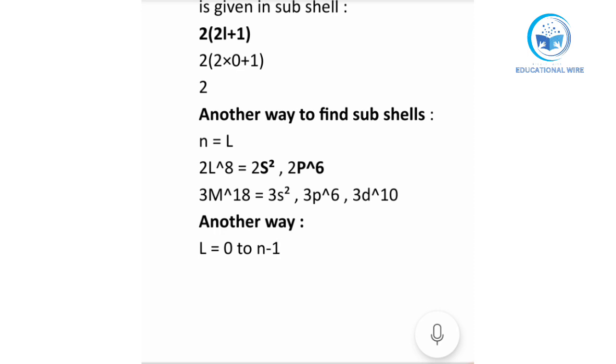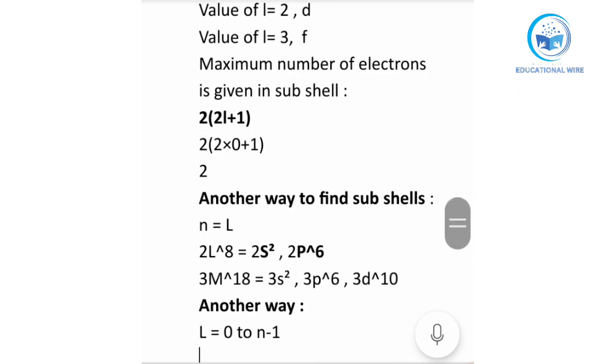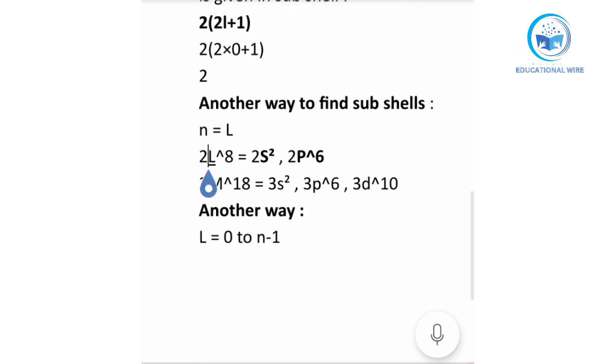You can also put a comma in place of the 'to'. If we want to find the subshells of the second orbit, we change the number of the orbit, and all other things remain the same. l is equal to 0, comma, up to n minus 1.